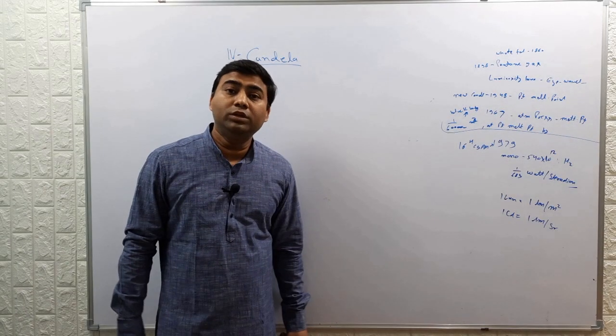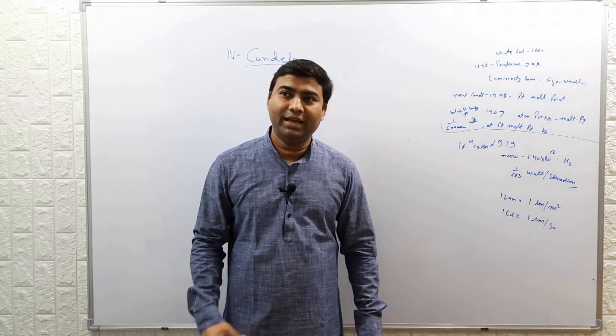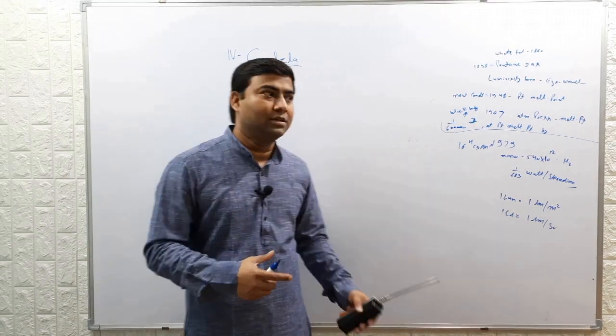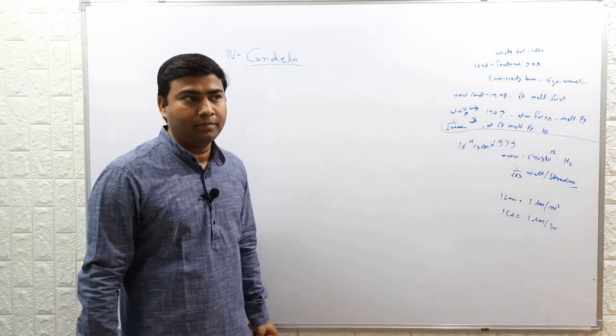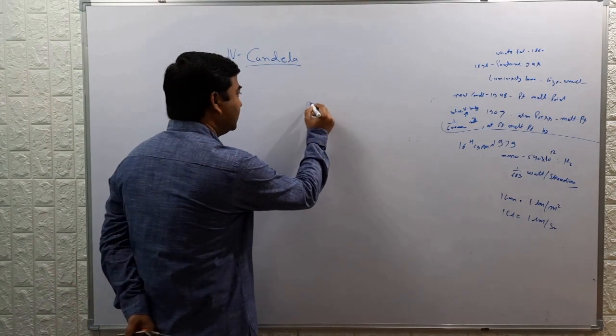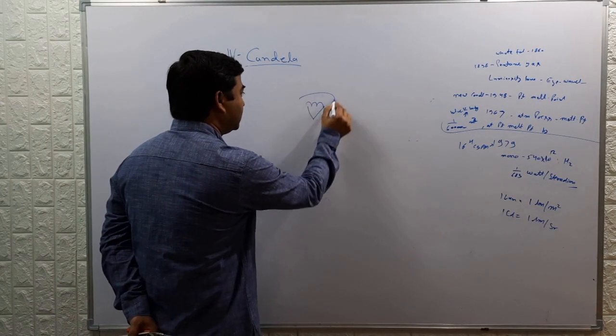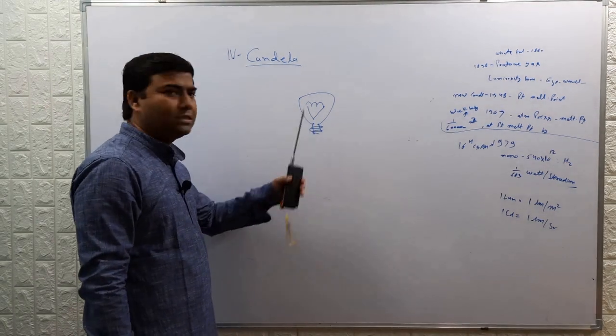So candela is the unit to measure luminous intensity. What is luminous intensity and how do we feel it? For example, if there is a bulb, let this be a bulb.